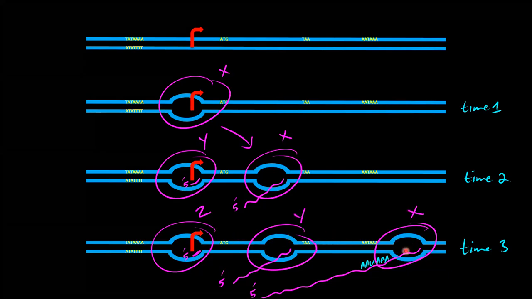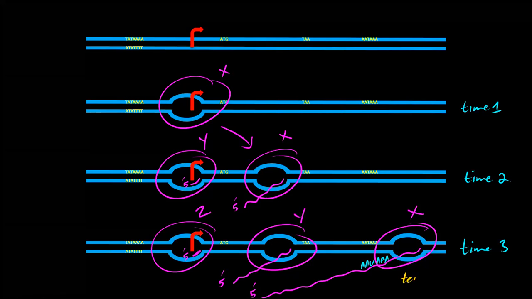This will increase the rate of transcription. So this is a snapshot of 3 different polymerases at 3 different stages of transcription.